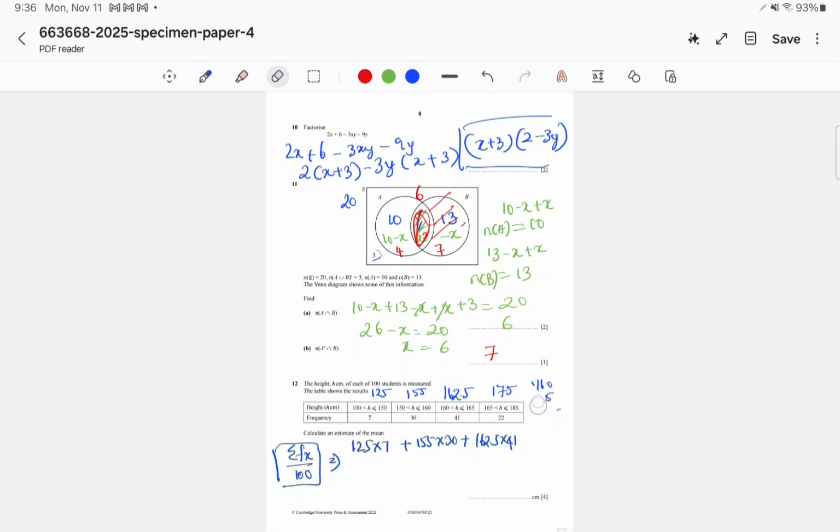Okay, I will erase this part. Show the calculation. Next one, it is 175 into 22, divided by 100. So your answer is around 16037.5 divided by 100, which is equal to 160.375.